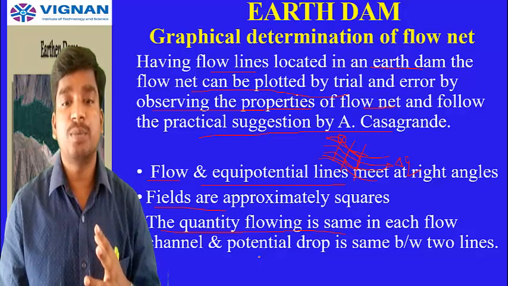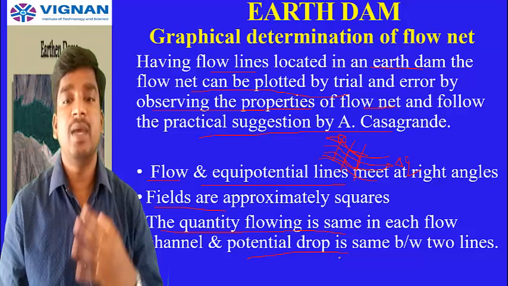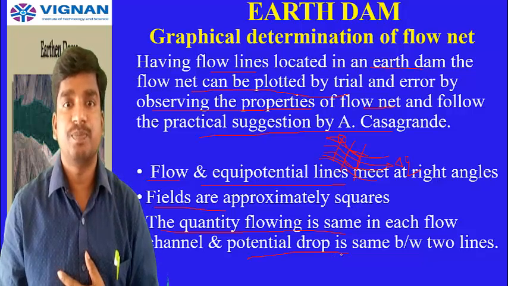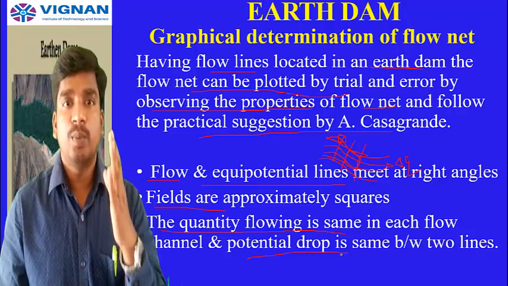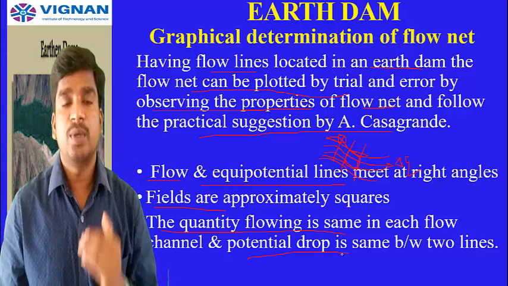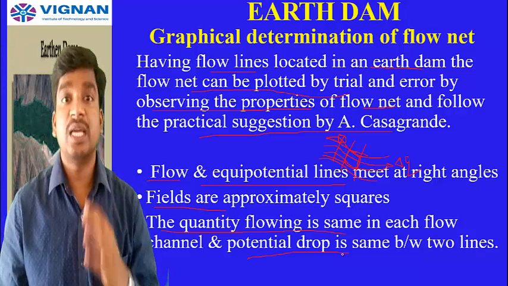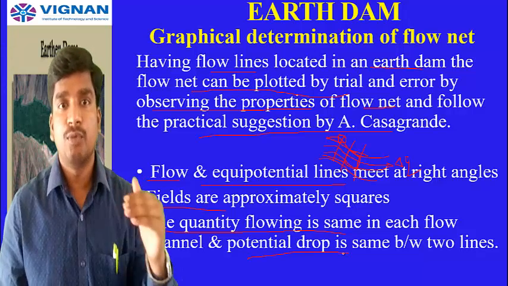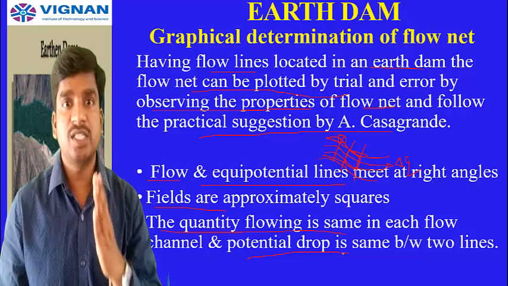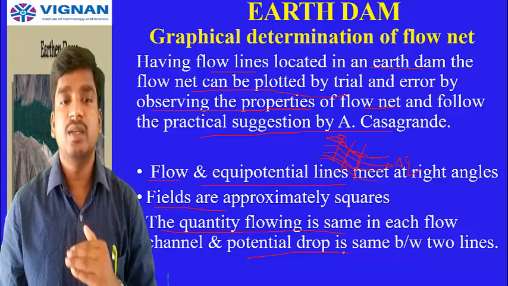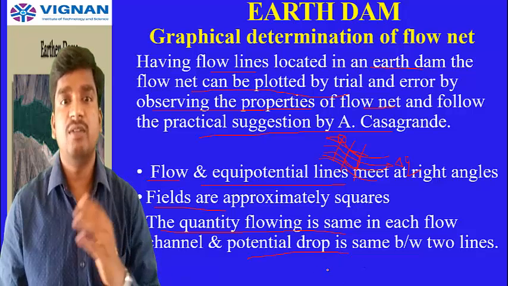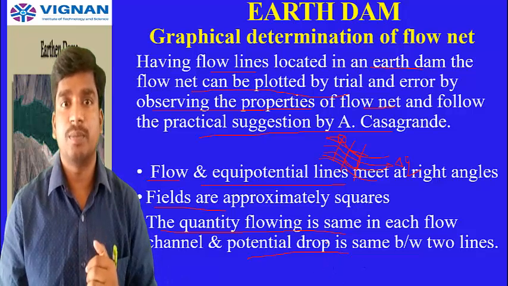The potential drops also remain the same between any two successive potential lines. Flow will be the same, as well as potential drops for a particular vertical drop. So these two remain the same. That is the third property.